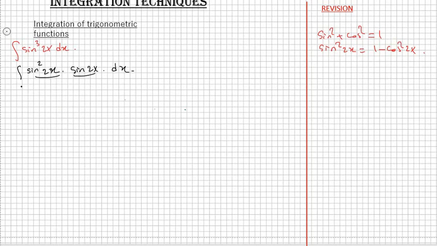So this is what I'm gonna have here. I just replace all this by 1 minus cos square 2x, and then I have sine 2x dx. So now the next step is to do the substitution.